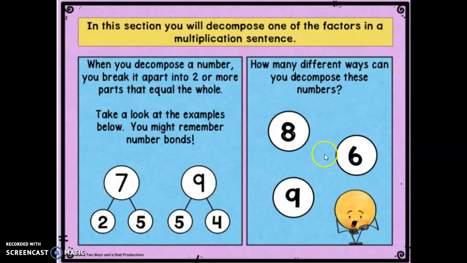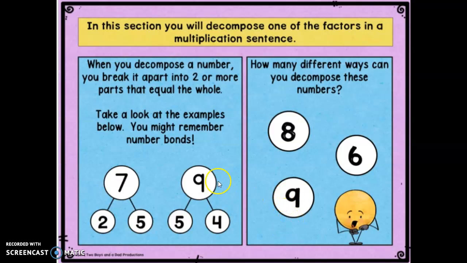I want you to look at the numbers 8, 6, and 9. And I want you to think about how many different ways can you decompose those numbers. In your lesson work today, you're going to respond to me by putting how many ways you can break apart 8, 6, and 9 and decompose those into two other numbers. So it's going to be just like we did over here, and you've already got one example of 9 over here, hint, hint.